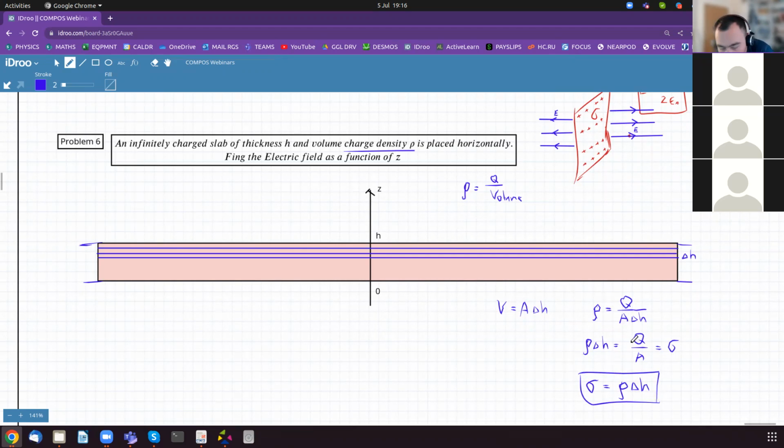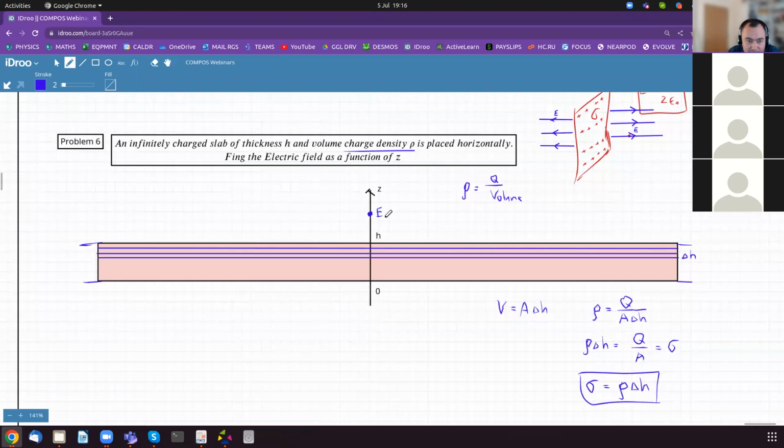So I'm just playing with equations here just to find sigma. And we know that the electric field from a single slab is going to be sigma divided by 2 epsilon naught. So let's say I am right here, at this point above H, and all the plates are below me. So the total electric field is just the sum of all the fields.